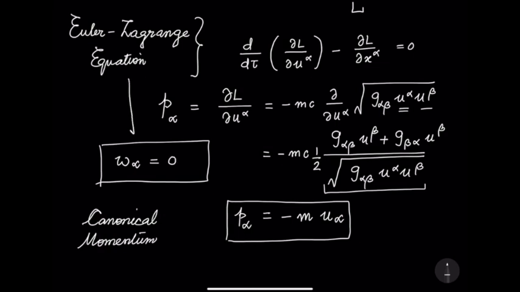W alpha is nothing but the dual one form to the 4 acceleration vector. I guess you are familiar with these languages now.